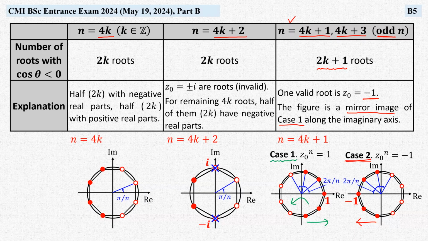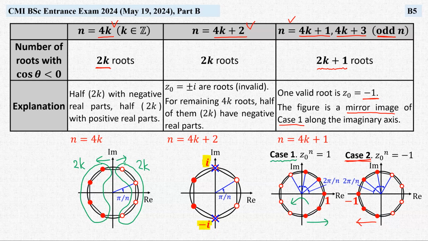So just like case 1, we have 2k plus 1 valid roots. Moving on to even numbers, the n equals 4k case is really simple. Half of the roots are on the left and the other half are on the right. So 2k roots on the left and 2k roots on the right. Therefore, there are 2k valid roots. As for n equals 4k plus 2, this is the case where we have i and minus i as roots.